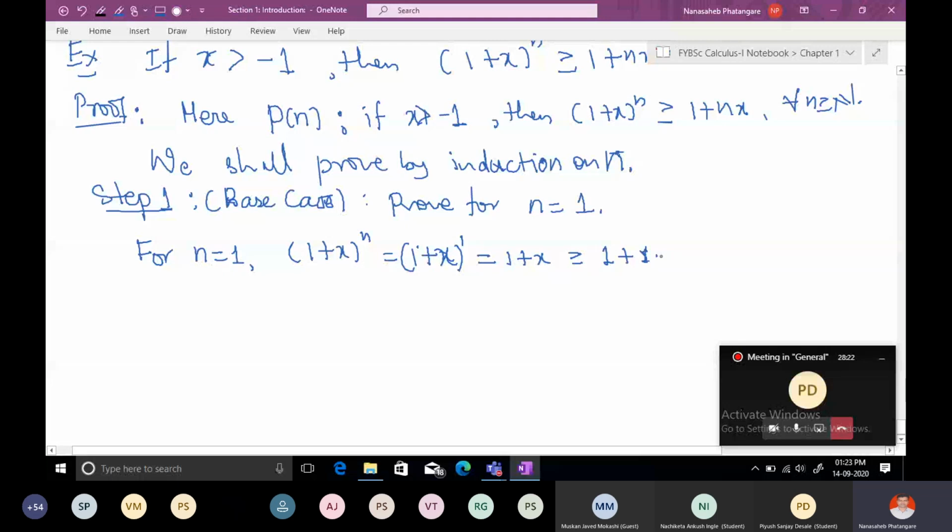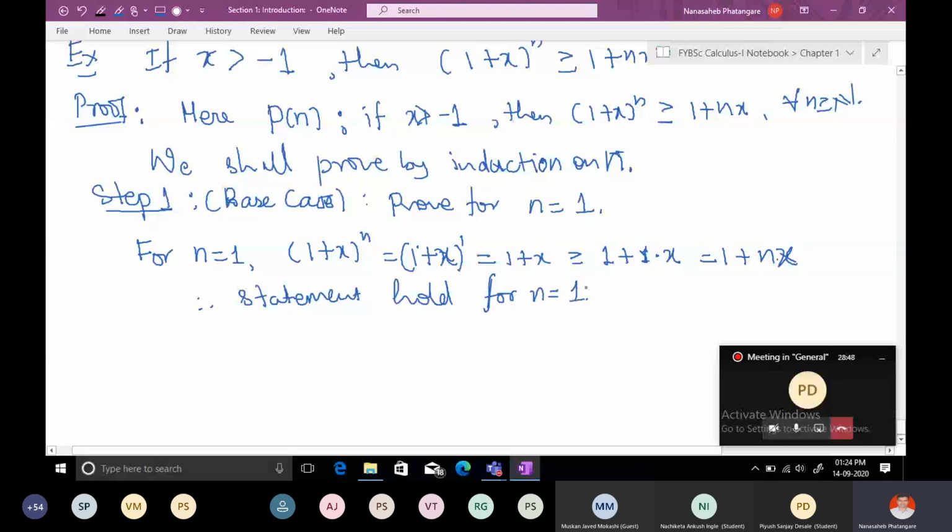And it is 1 plus nx because n is 1 in this case. Therefore the statement holds for n is equal to 1. No doubt the statement is true for n is equal to 1.